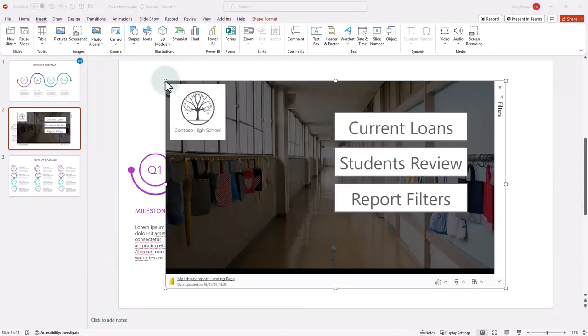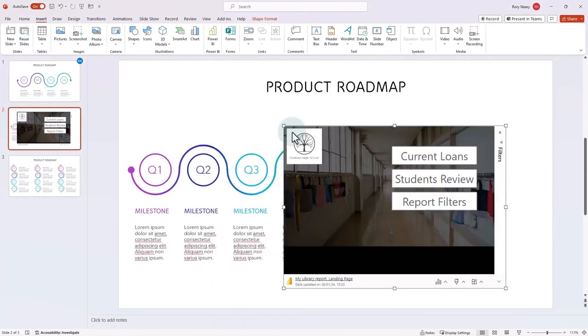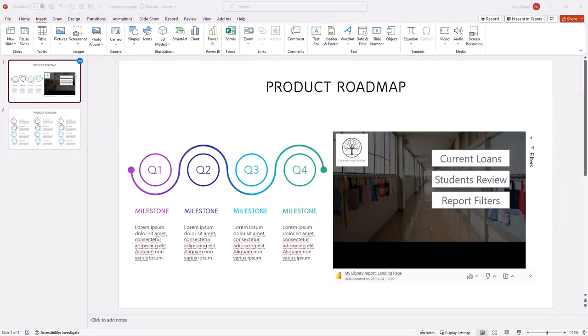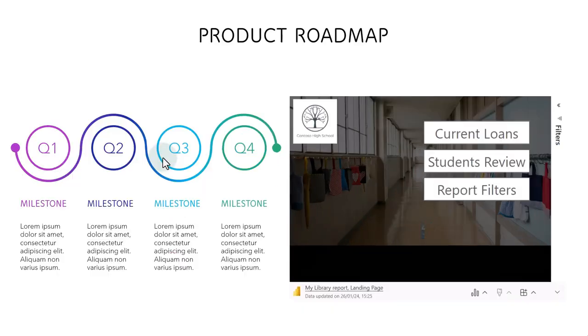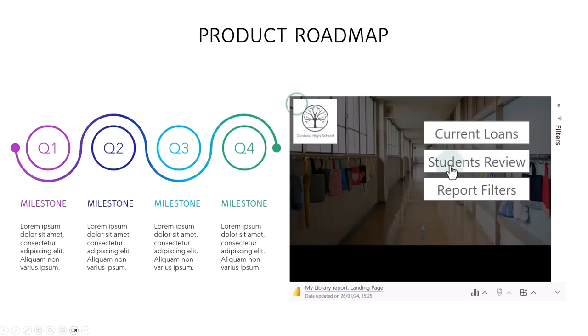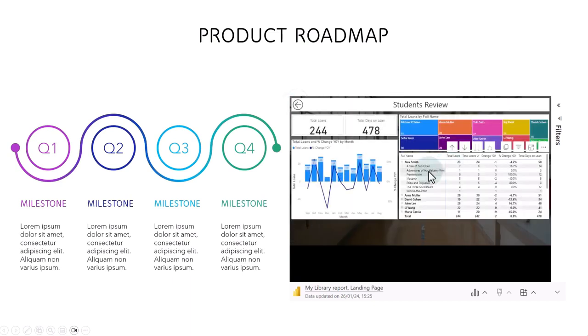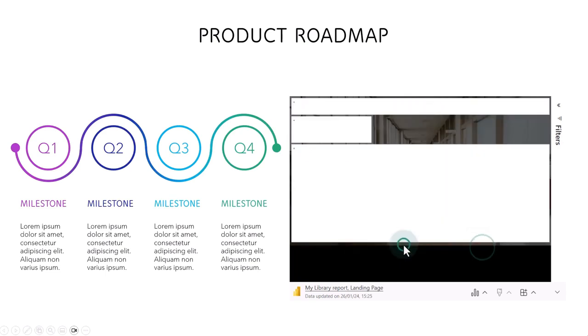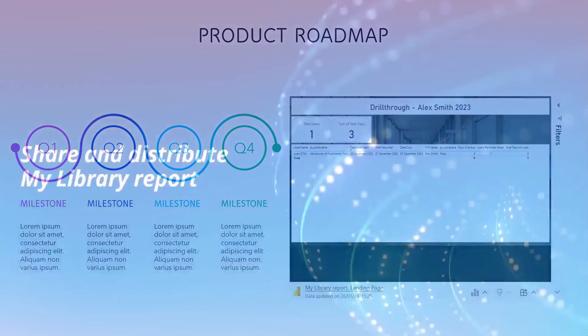I can resize this report and move it into position. And if we move into presentation mode, we'll find that the Power BI report is fully interactive, as demonstrated in the presentation. And this brings to an end the demonstration of how to distribute your Power BI reports.